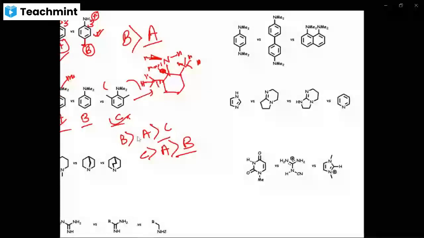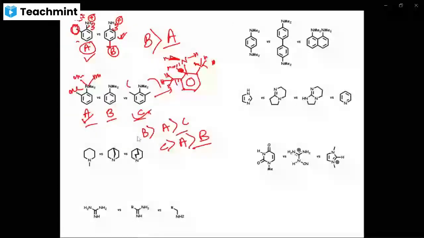Solubility is highly hampered by the presence of these two methyl groups. So C is so insoluble that its basicity is the lowest. So here C will be the least basic, and B and A will be the highly basic.